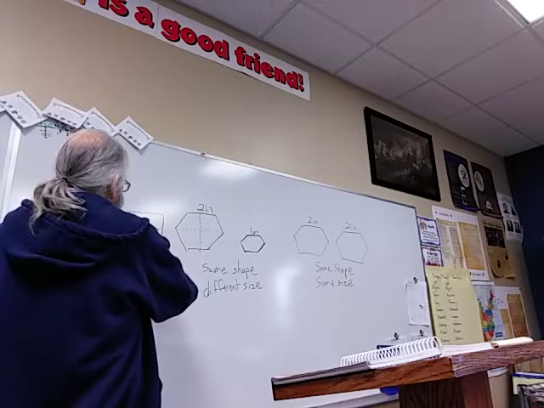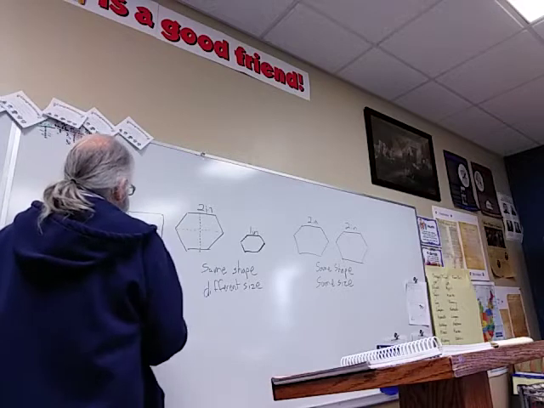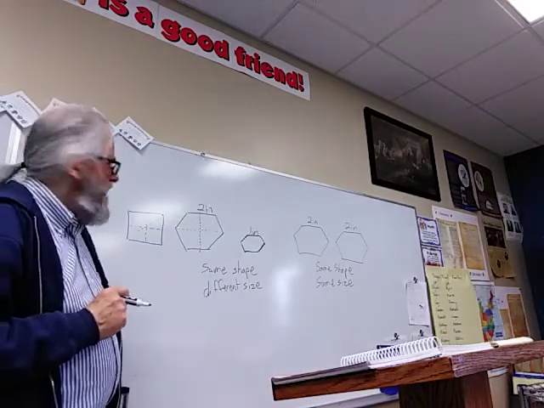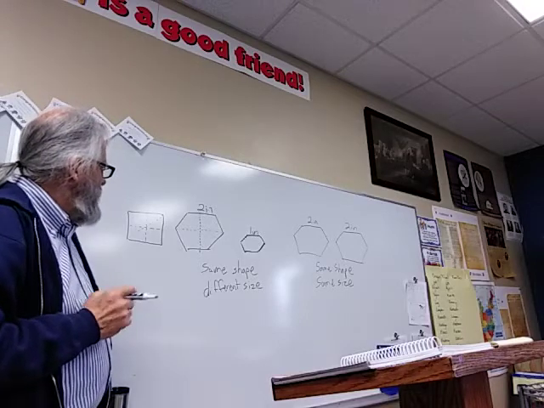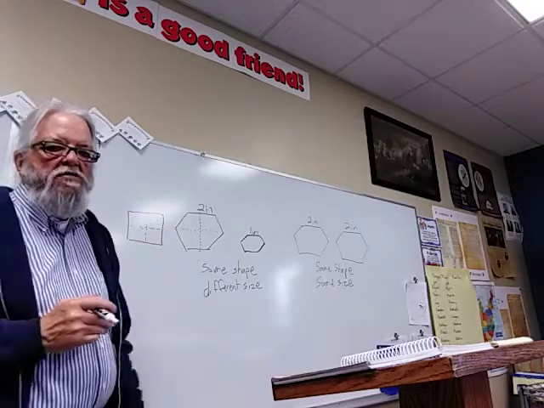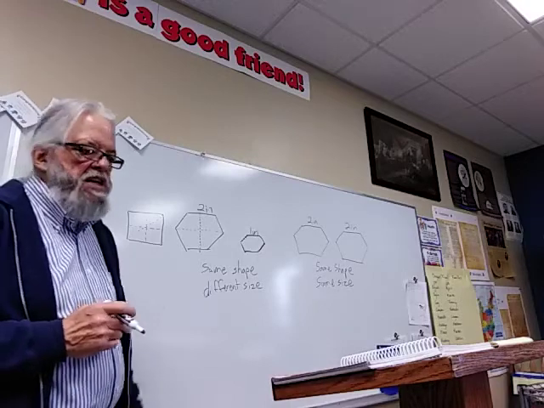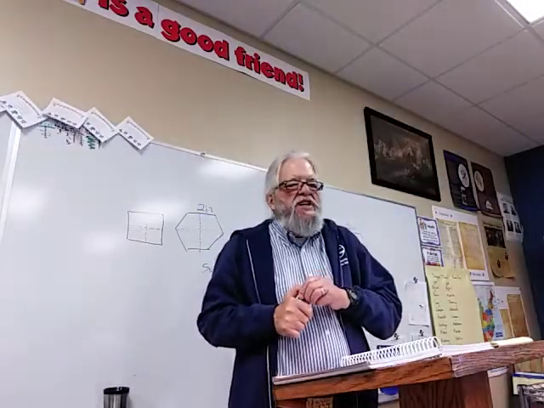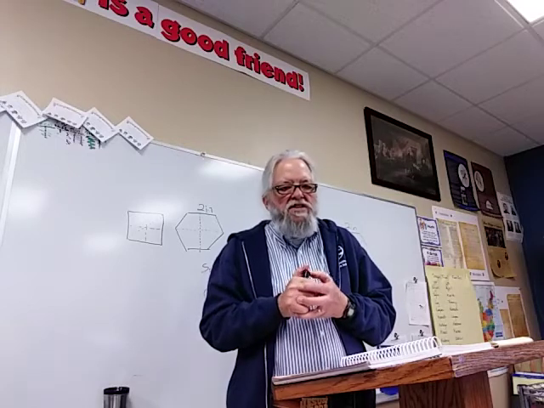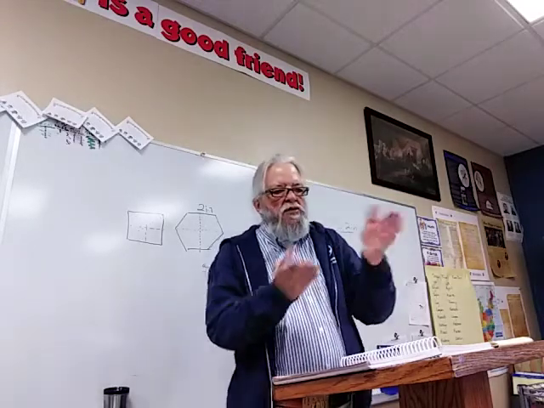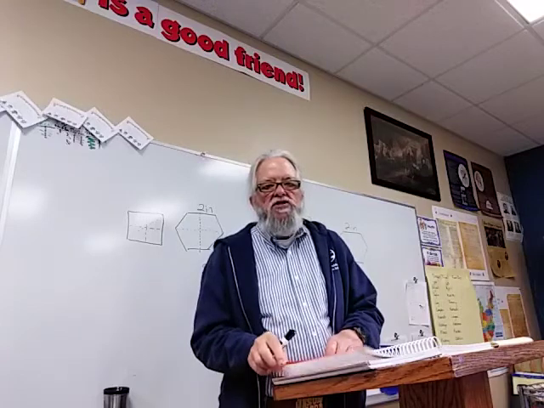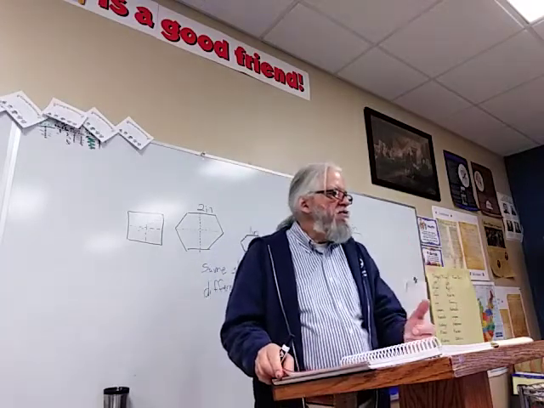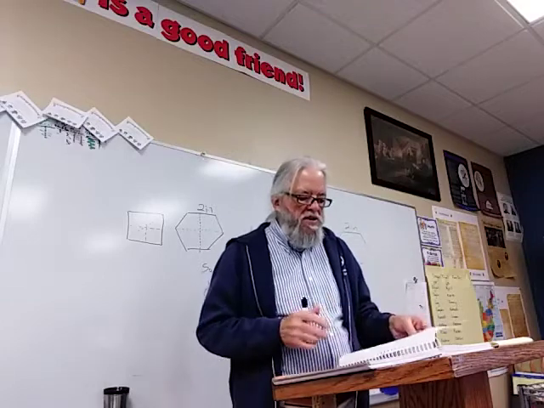If it's a quadrilateral like that, I also could fold it that way, and they would match. And then you have things like circles that have an infinite number, a whole bunch of different lines where you could divide it, fold it in half, and it would match. So that's similar, congruent, and symmetrical.